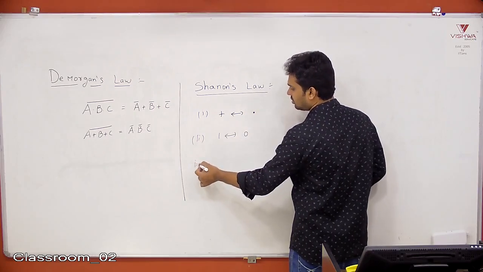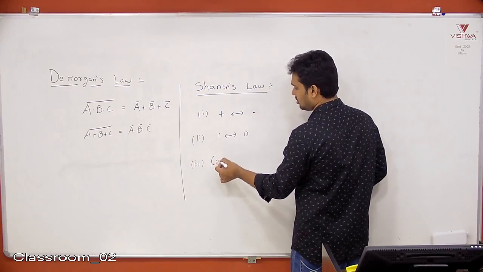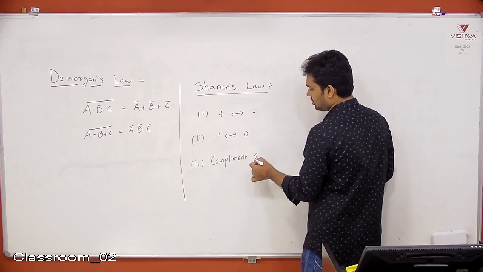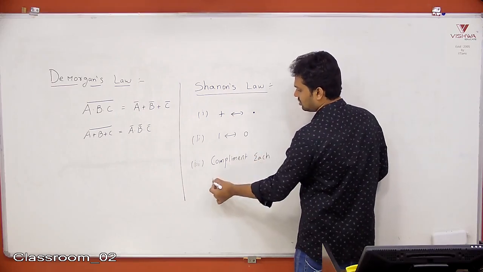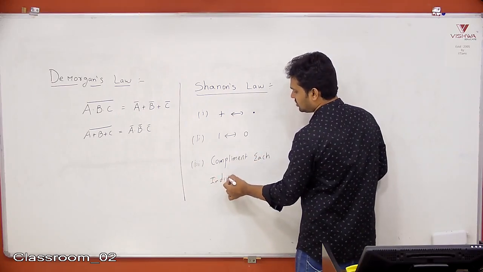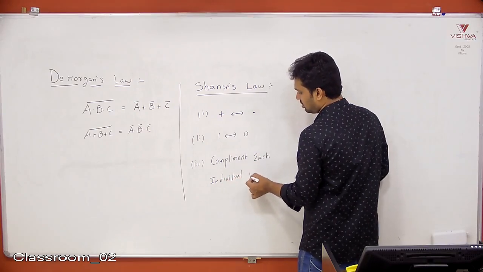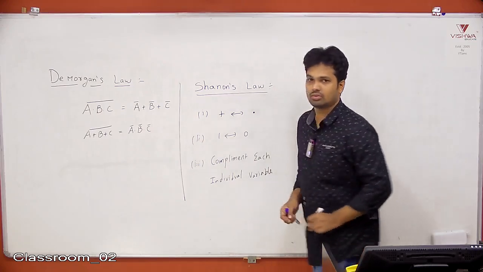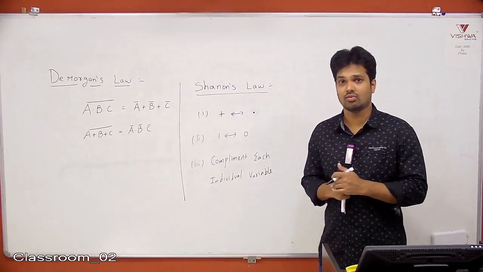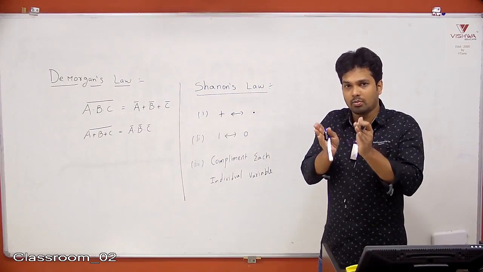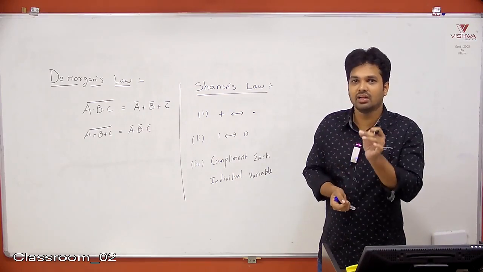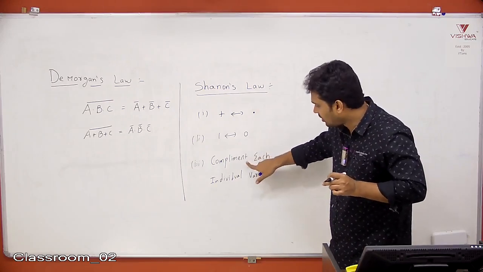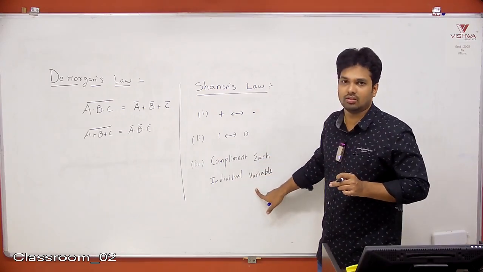Third point, complement each individual variable. This is what we call Shannon's law. What is Shannon's law? We can find the complement of any function by finding its dual first and complementing each individual variable.